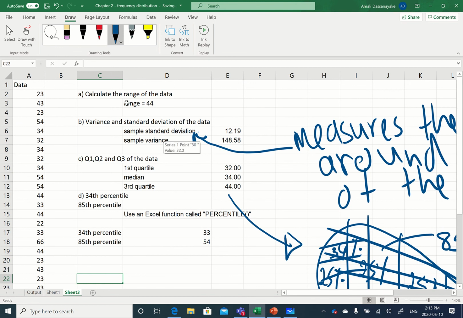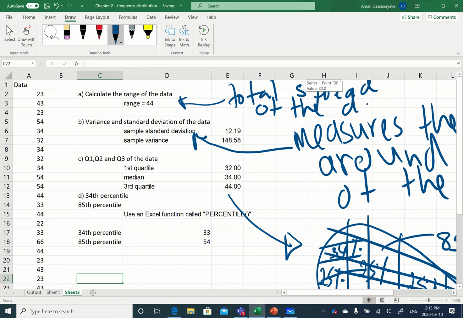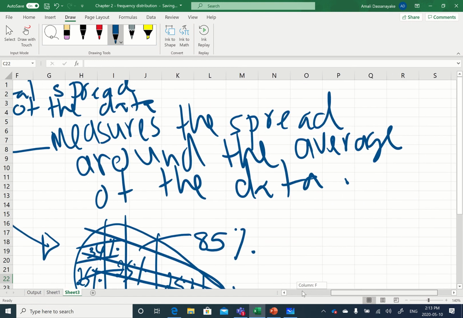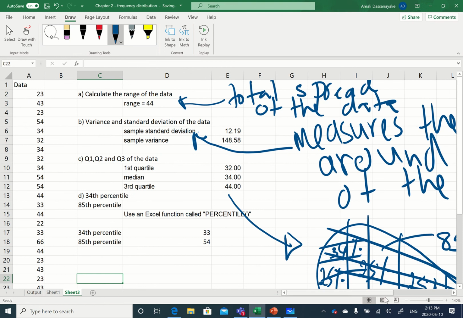Okay, so once again, range is the complete total spread of the data. And then standard deviation talks about the spread around the mean, around the average.